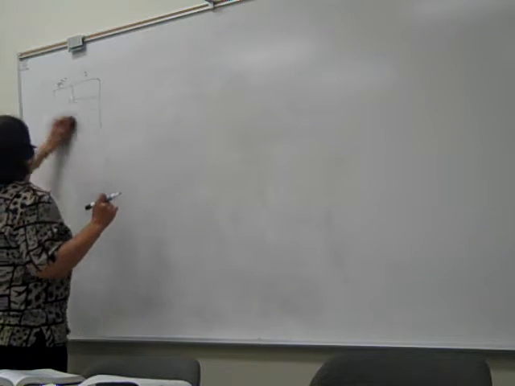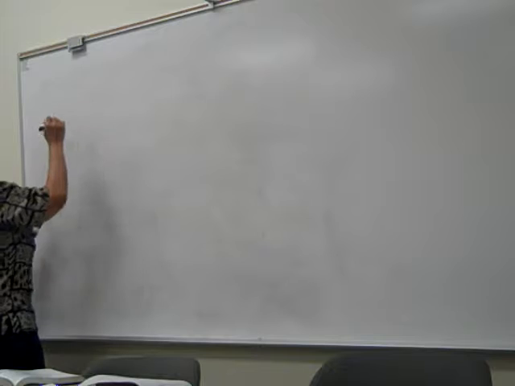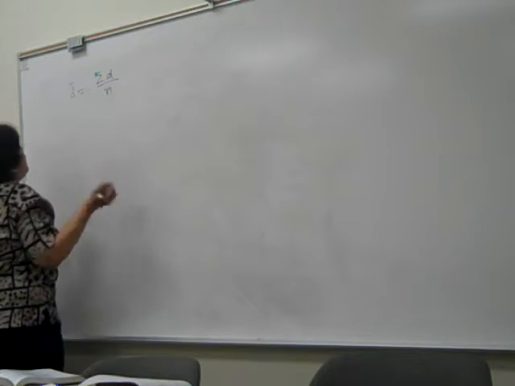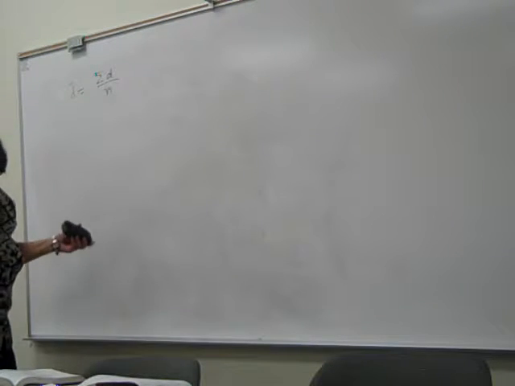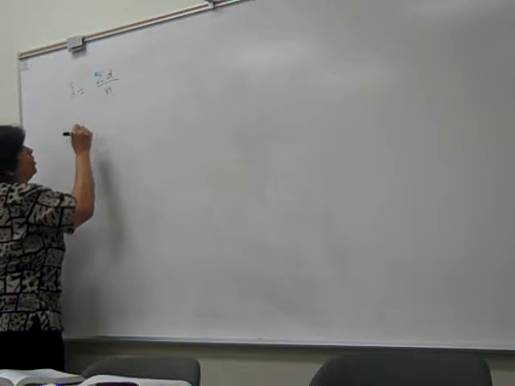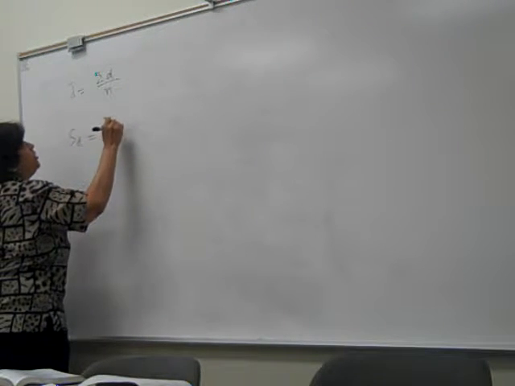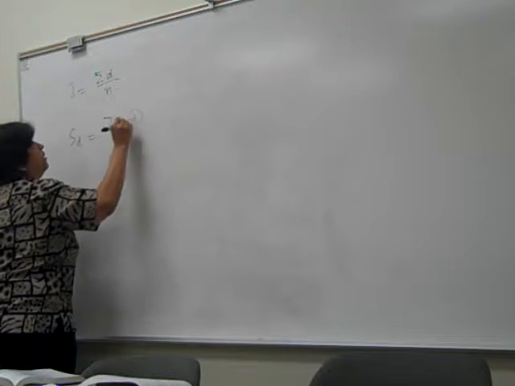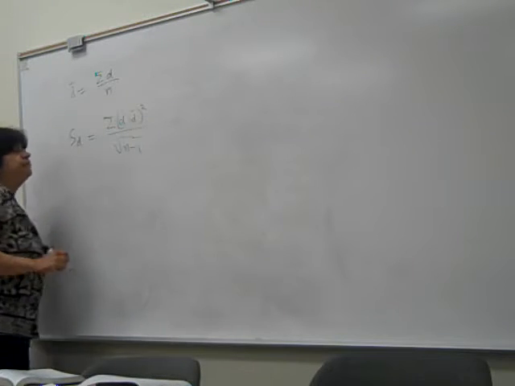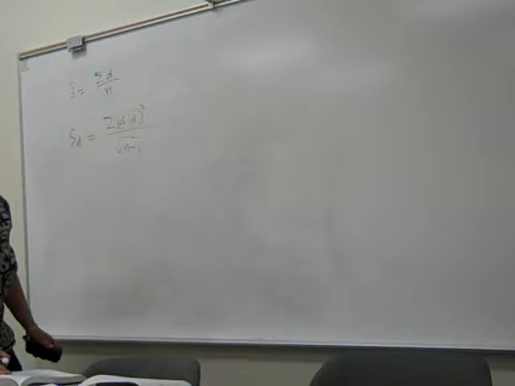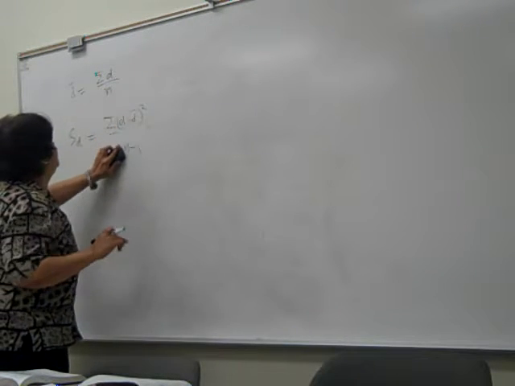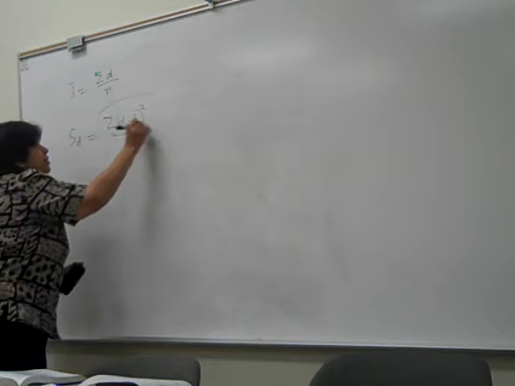Okay, and d bar is equal to the summation of the d's divided by n, and the standard deviation of that sample is equal to the square root of the summation of the d's minus d bar squared divided by n minus 1.